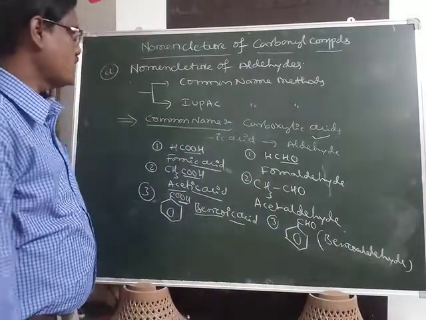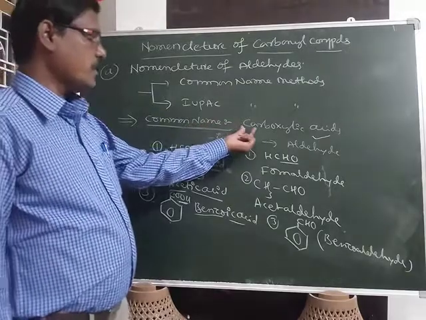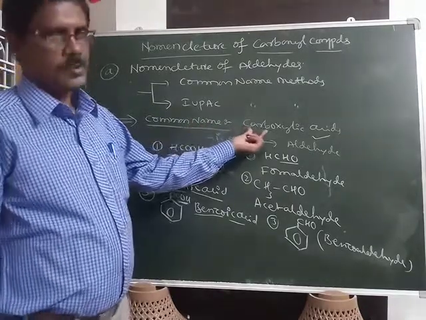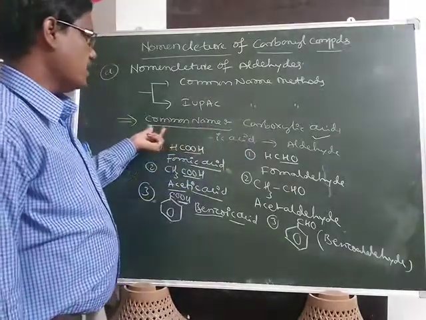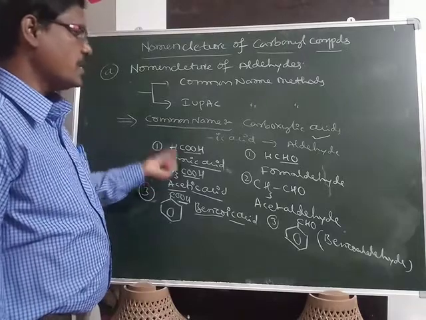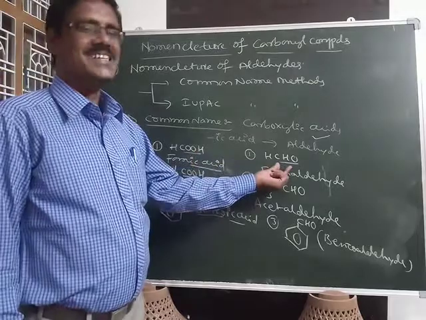Okay, so this is the common name of the aldehydes, and again listen carefully. The common name of aldehydes is based on the carboxylic acid, and from carboxylic acid to aldehyde is obtained by replacing the COOH group with the CHO group.